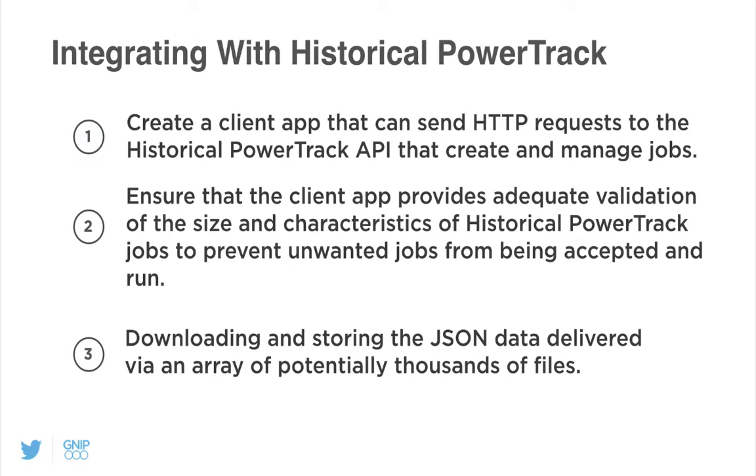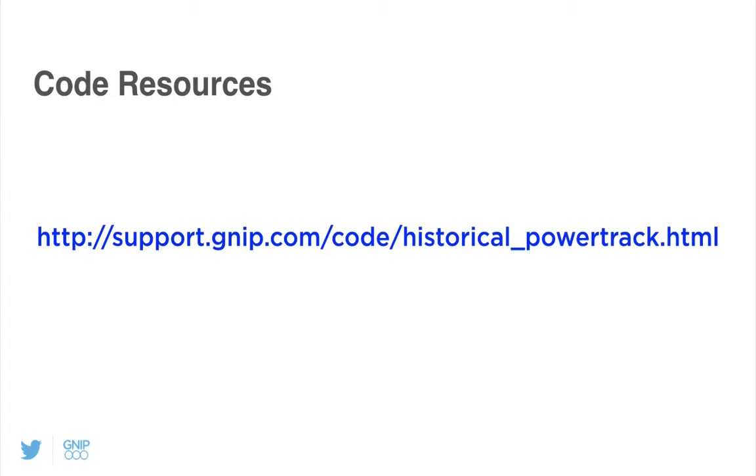Also, ensure that the client application provides adequate validation on the size and characteristics of the PowerTrack job to prevent unwanted jobs from being accepted and run. And finally, your app should download and be able to store the JSON data delivered via an array of potentially thousands of files. If you're looking for some code examples to help kickstart your integration, be sure to visit our code page for the Historical PowerTrack API.